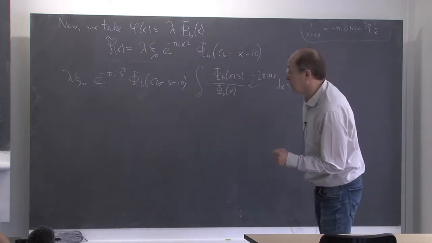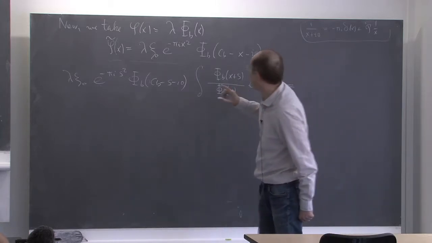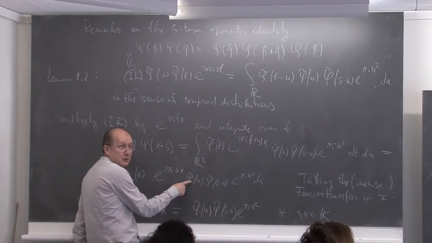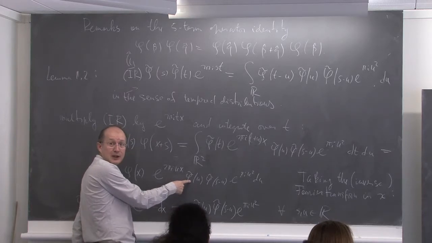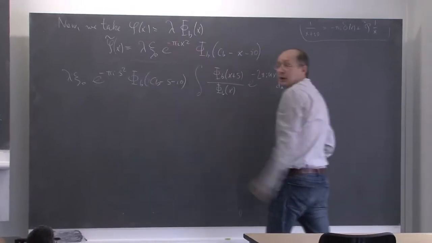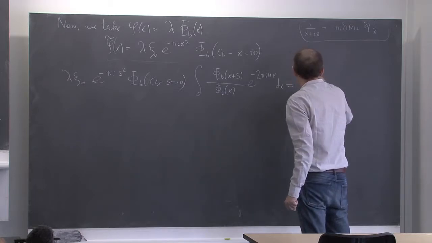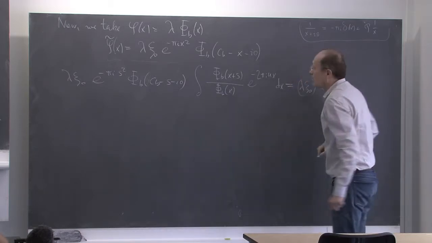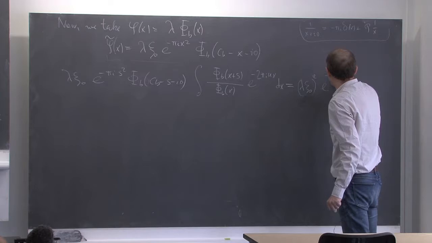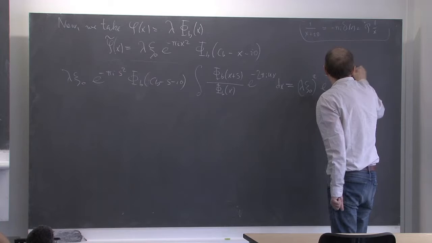Now we have a product of two functions, and this pi i u squared cancels the corresponding exponential from the first phi tilde, because it carries a similar exponential with a negative sign. So we have lambda zeta 0 squared e to the, I write only one exponential coming from the second phi tilde, minus pi i (s minus u) squared.